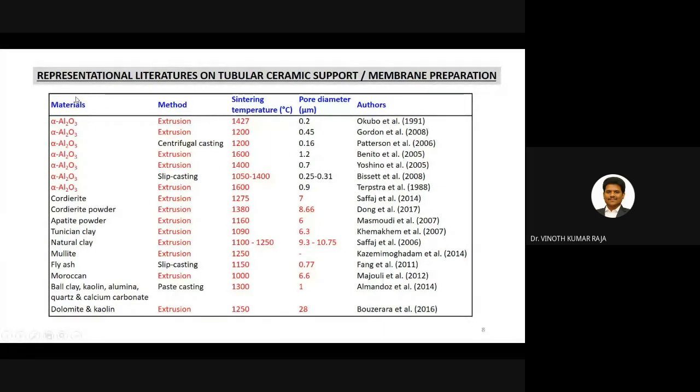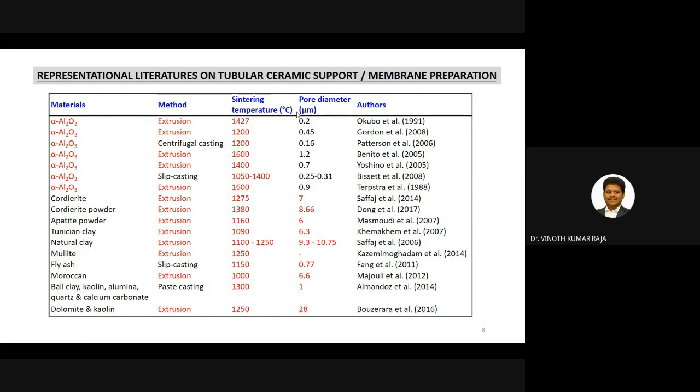Also, it requires a high sintering temperature. I have highlighted here that it can provide appropriate pore sizes ranging from 0.1 to 1.2 micrometer, which we can use for microfiltration, or we can make a coating on the ceramic membrane to make an ultrafiltration or even a nanofiltration membrane.